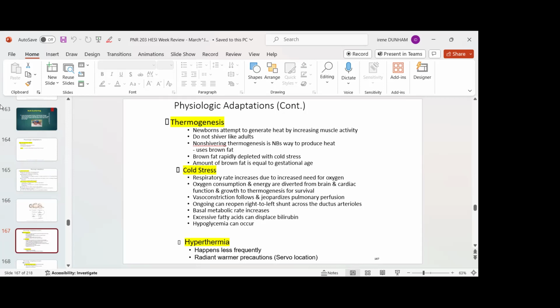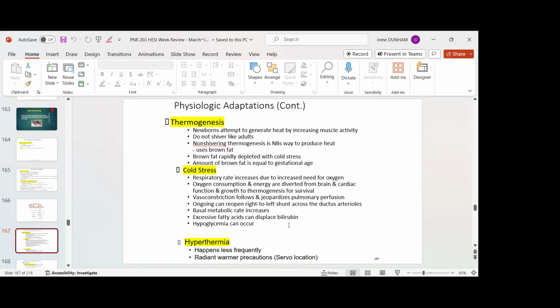And then you have a lot of excess fatty acids that can displace bilirubin. And then you have increased bilirubin, then you probably end up with jaundice. And from there, if you have too much bilirubin, you can get brain damage. So you see, cold stressing a baby is never good.